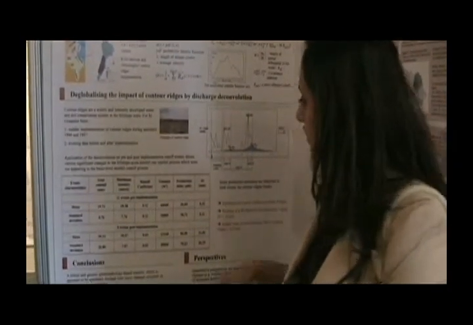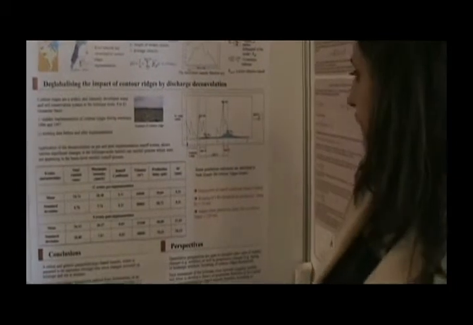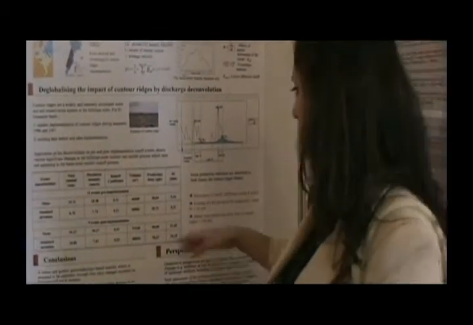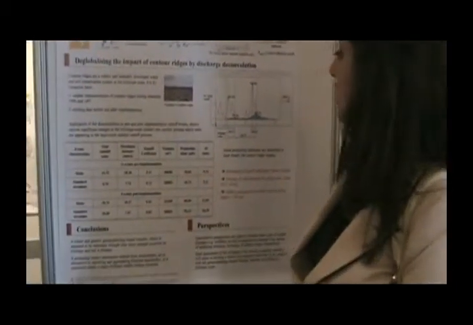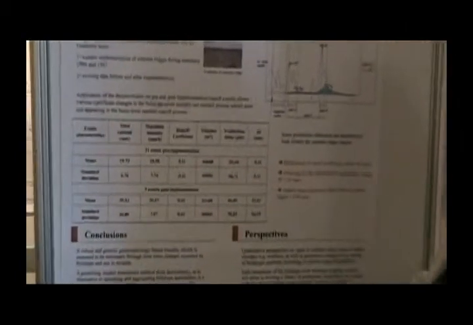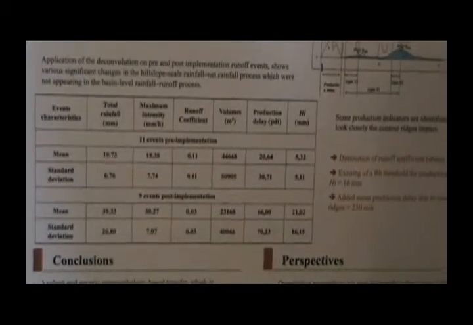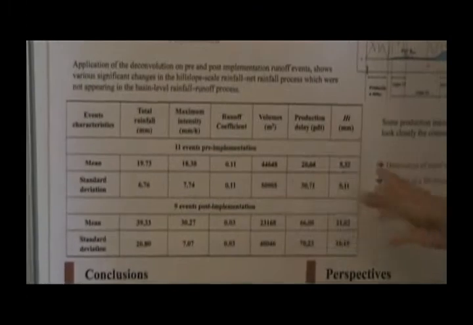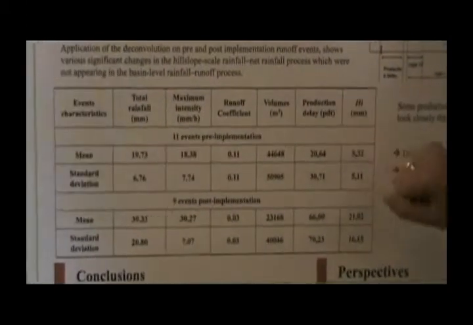The application of this method shows various significant changes at the hill slope scale, which do not appear at the basin level for the rainfall-runoff process.